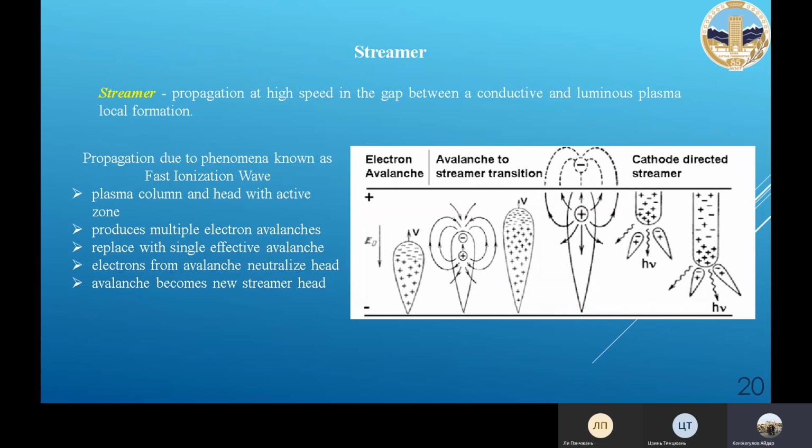In reality, Paschen's law is fulfilled at not very high pressures, less than 1 atmosphere, and with small gaps, less than 1 millimeter. In large gaps at normal and elevated pressure, the breakdown mechanism changes.